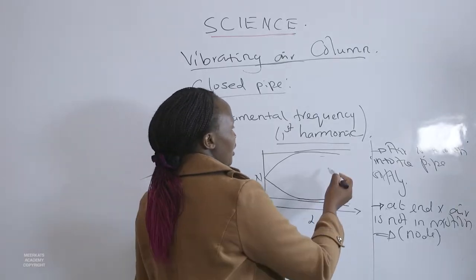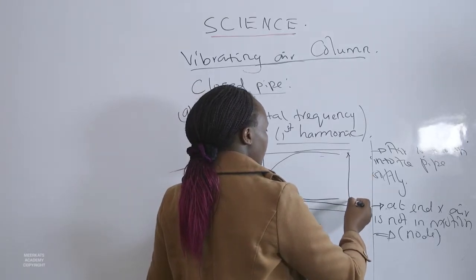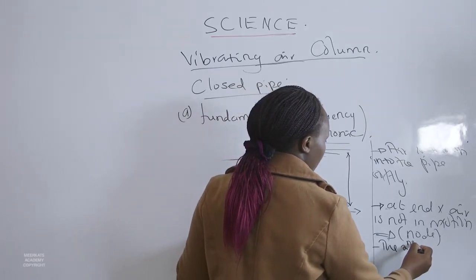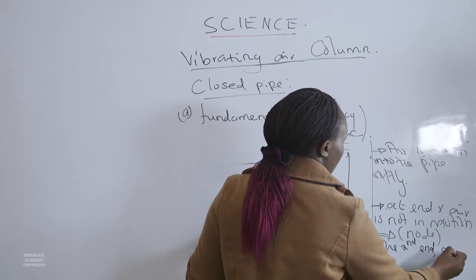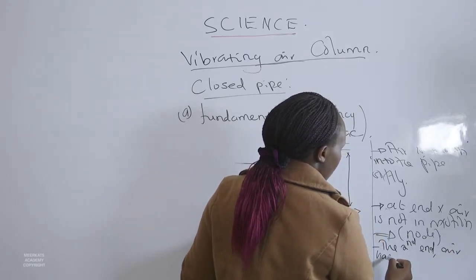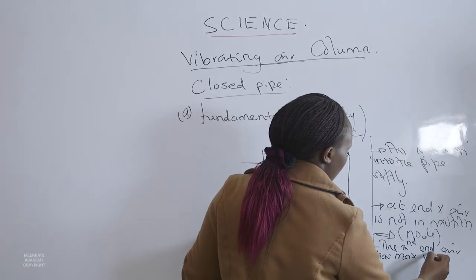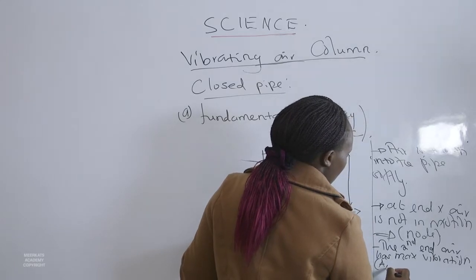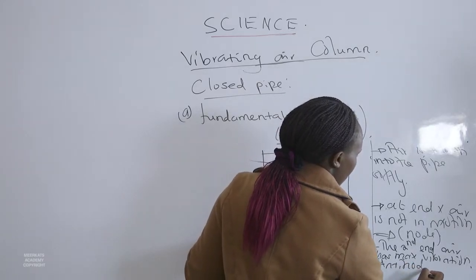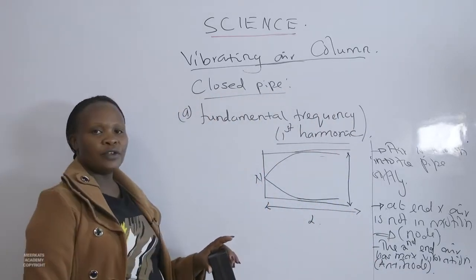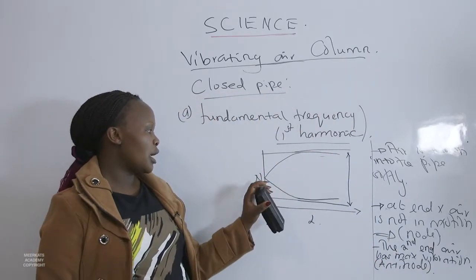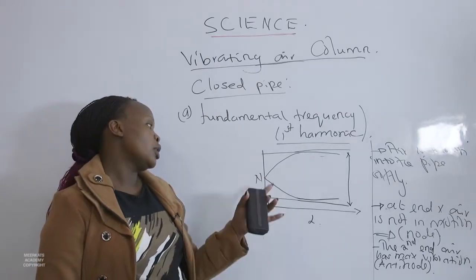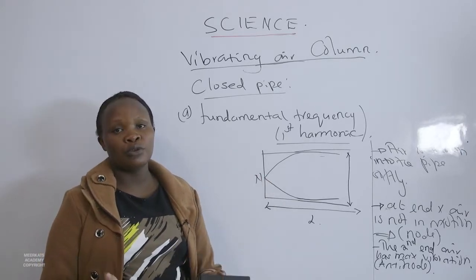Then on the far end, the second end, air has maximum vibration, implying an antinode. Now, if we clearly look at our pipe, at this closed end, even if air would have wished to move, there is nowhere to move to.